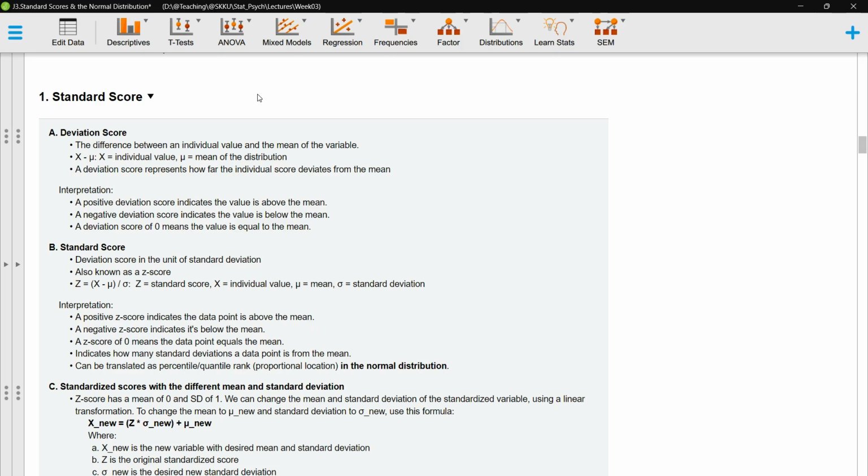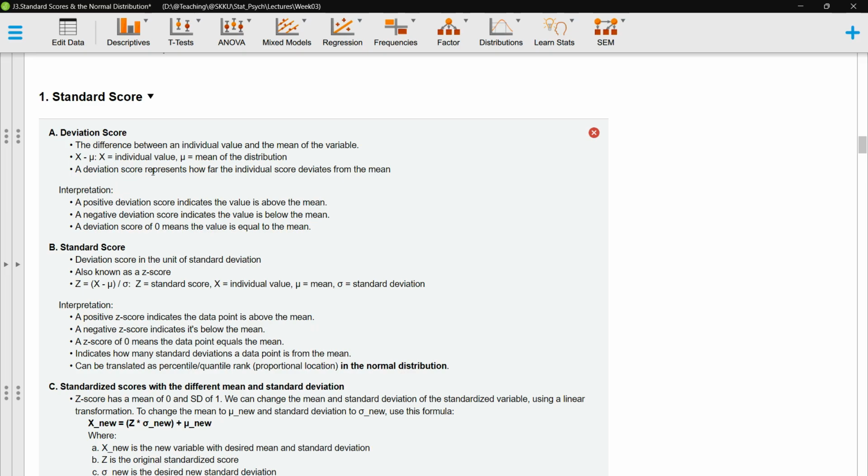So let's talk about the standard score right now. Before we talk about the standard score, let's talk about the deviation score first, because the standard score is a type of deviation score, a standardized deviation score, actually. The deviation score is the difference between an individual value and the mean of the variable. Operationally, it is simple: when x is an individual value and mu is the mean of the distribution, x minus mu is the deviation score.